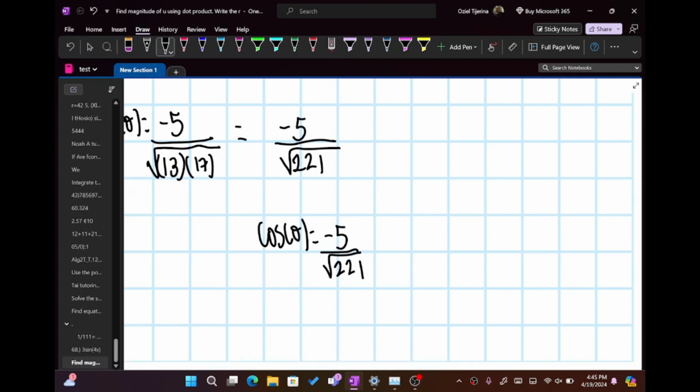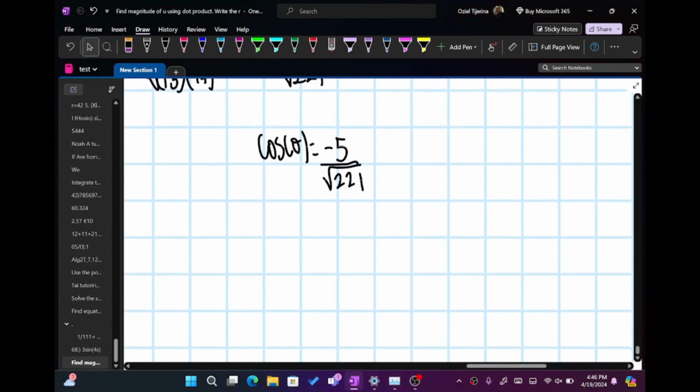Now, I know that's what cosine of theta is equal to. You don't necessarily have to rationalize it. You can just go ahead and take the cosine inverse of this entire thing. So the cosine inverse of the quantity negative 5 over the square root of 221.